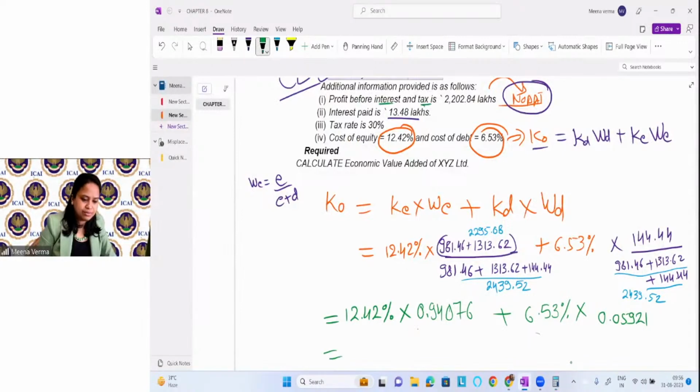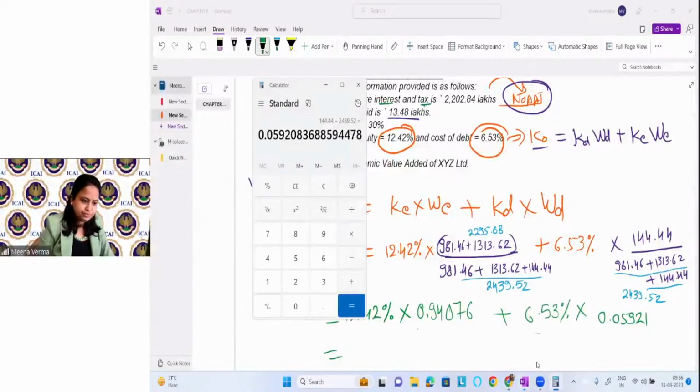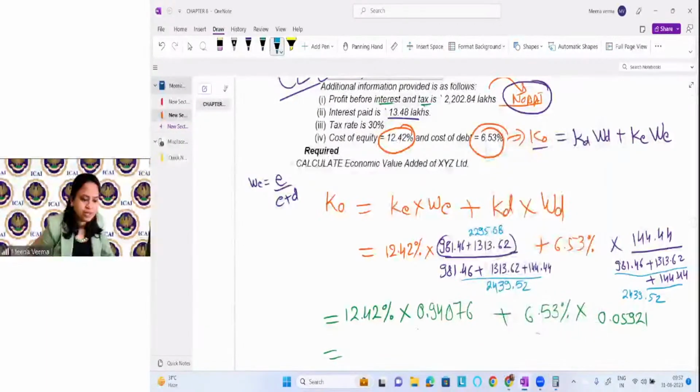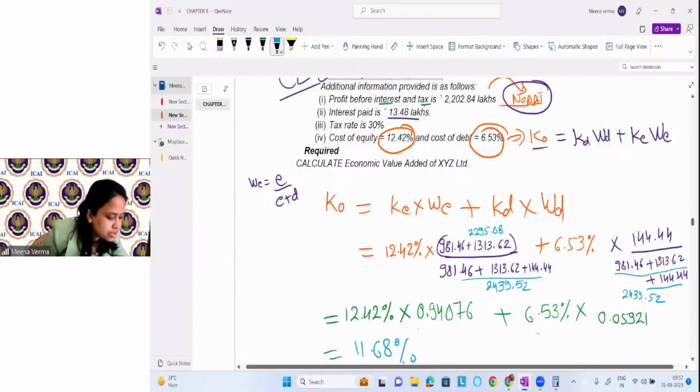You multiply them. So 12.42 into 0.94076 gives 11.68%. So this is coming as 11.68 percent, right?